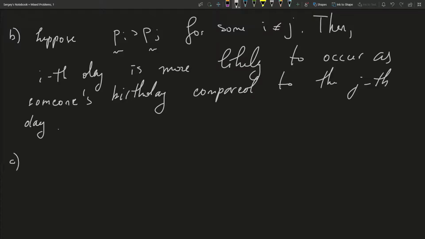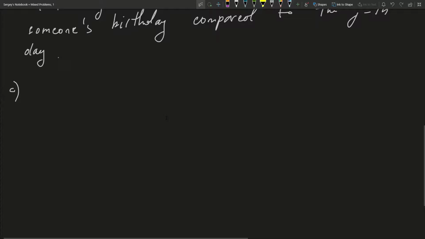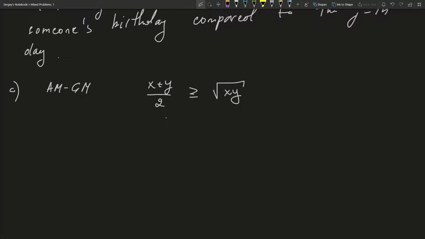So now we'll prove that more rigorously by using two things. The first thing we'll use is the AM-GM inequality, arithmetic geometric mean, which states that the arithmetic average of these two values, x and y, is greater or equal to what's known as the geometric mean. And then the second thing we'll use is the property of these elementary symmetric polynomials, which states that the kth elementary symmetric polynomial can be rewritten in this way.